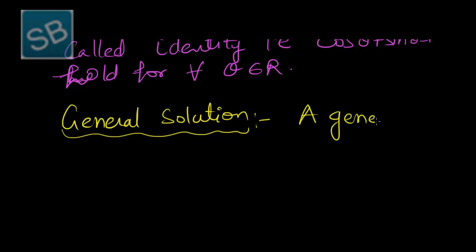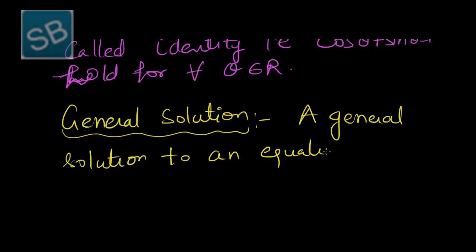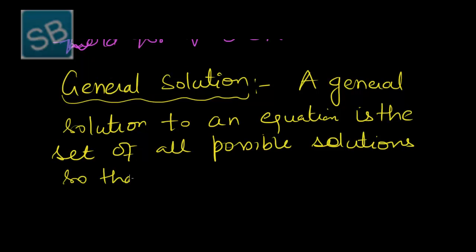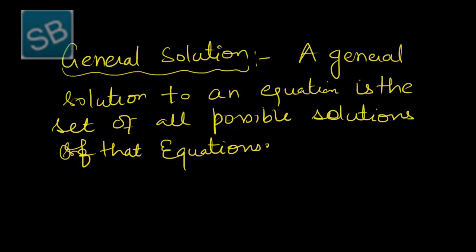A general solution to an equation is the set of all possible solutions of that equation. That is, we get all possible solutions, and those solutions are called the general solution. They may be infinite solutions.